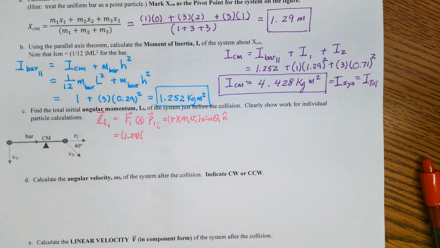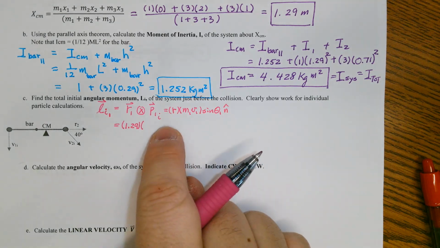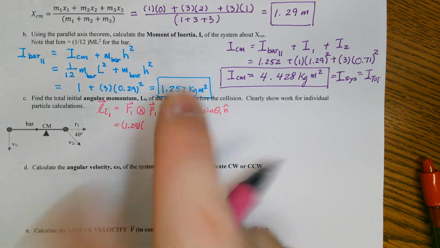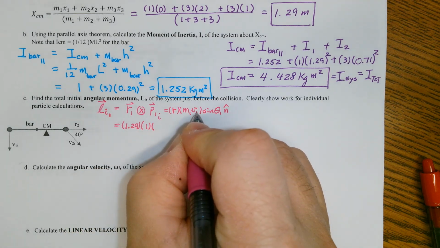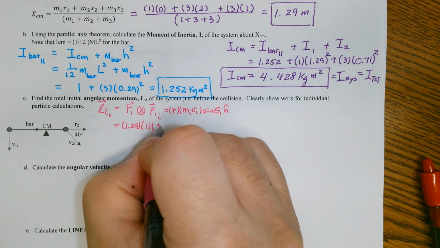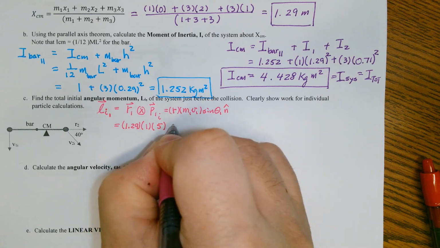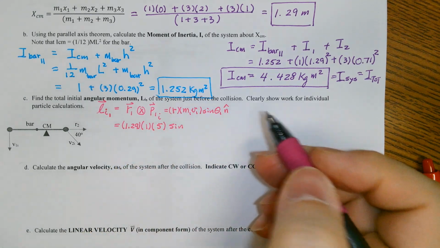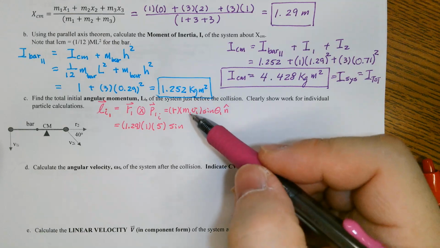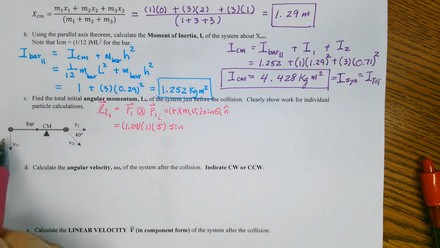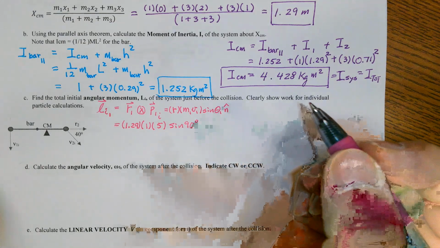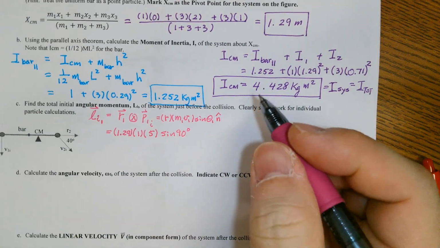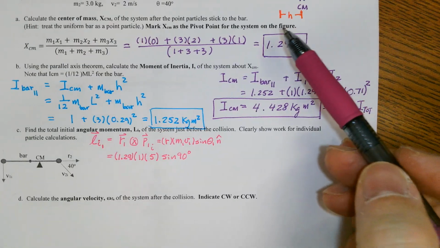So here we've got R, M, which is 1, times V1, which is 5, times sine of the angle between P and R, which is 90 degrees. And what about the direction?